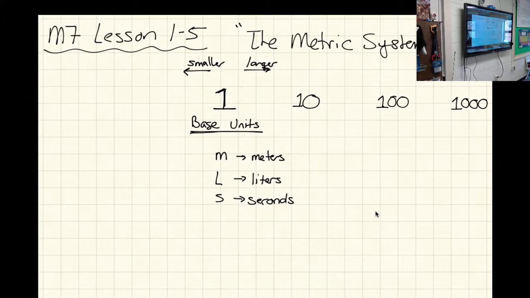Okay, now on the other direction, this is actually not so hard. Since we've already said that going smaller means division, we would say that 1 divided by 10 would be the first step down. Okay, notice that I'm just saying 1 divided by 10. Would be the next step.